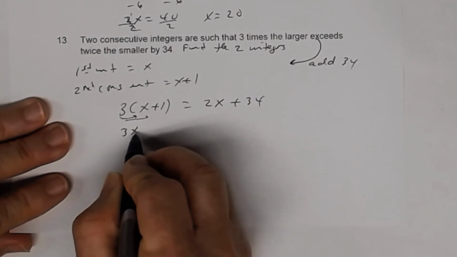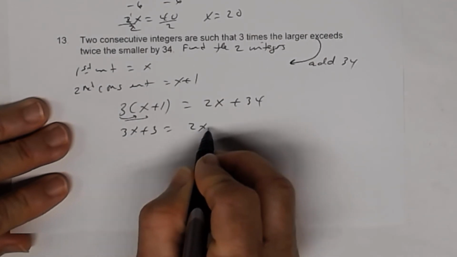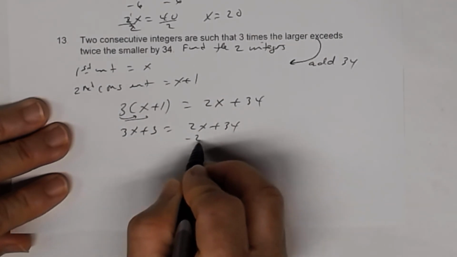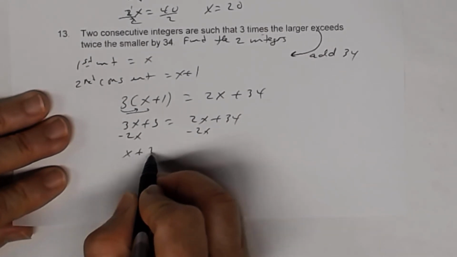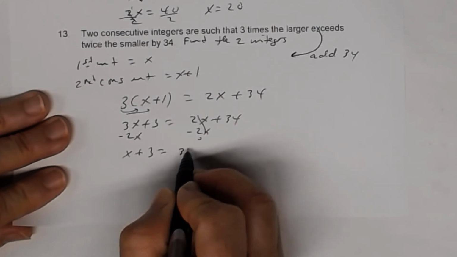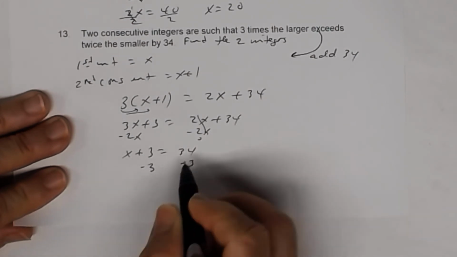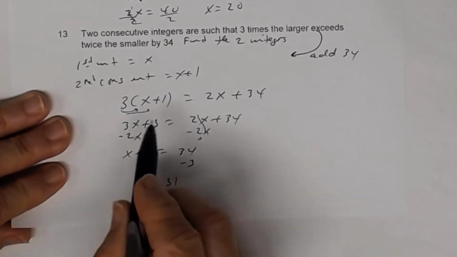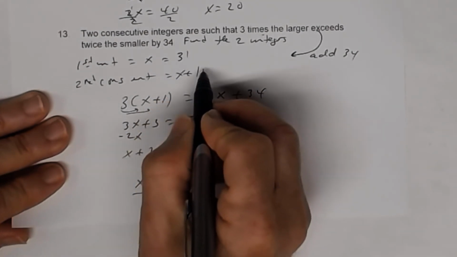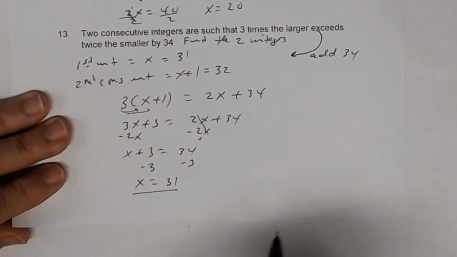Distributing, I get 3x plus 3 equals 2x plus 34. Subtract 2x from both sides. 3x minus 2x is x, plus 3 equals 34. Subtract 3 from both sides. I get x to be 31. So my first integer is 31, and my second is 32.